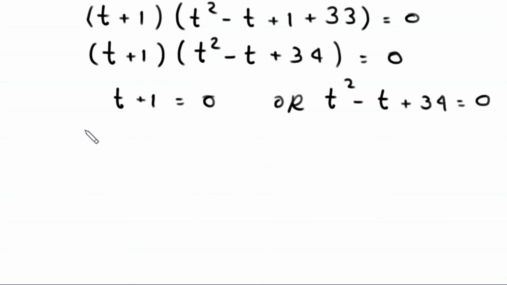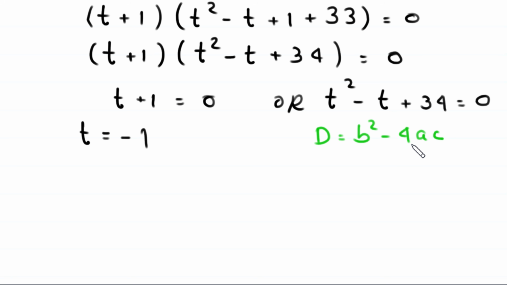From this equation we get the value of t equal to negative 1, and from this equation we see that the discriminant, that is equal to b squared minus 4ac, is less than 0 or greater than 0.